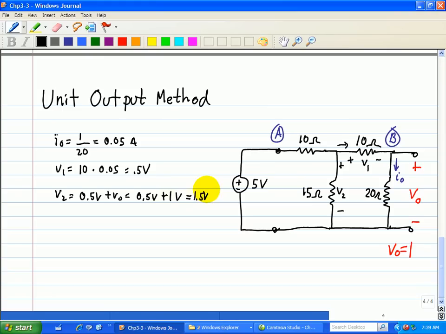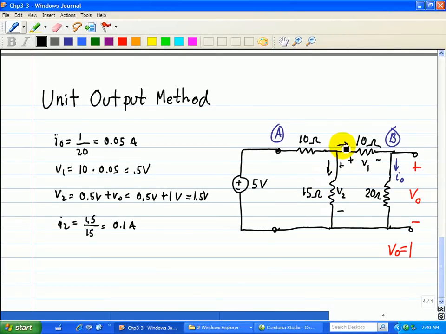Now that we know this voltage across V2, and we know the current through it, which is just simply I2, we'll assign a direction here to be consistent with our polarity. I2 is equal to 1.5 divided by 15, which is equal to 0.1 amps. So 0.1 amps is the total current of I2 going through it.